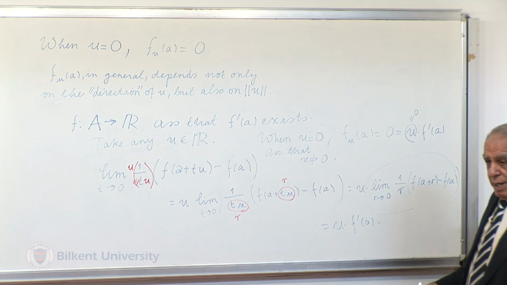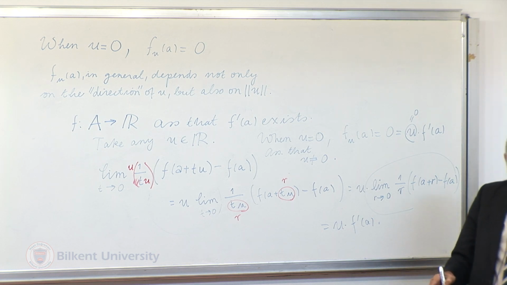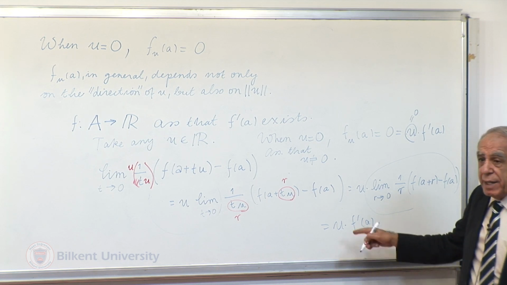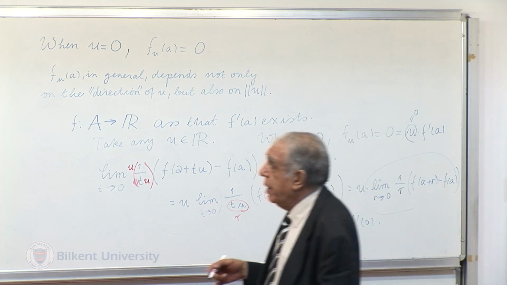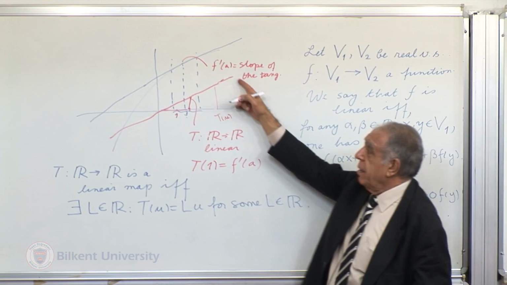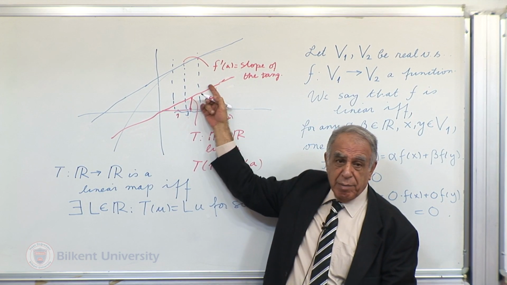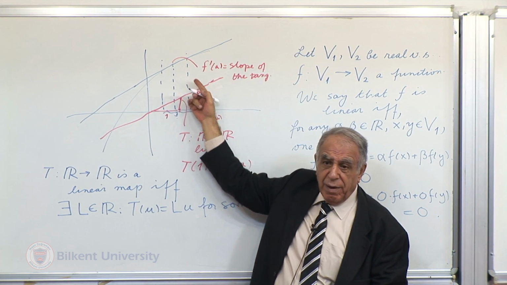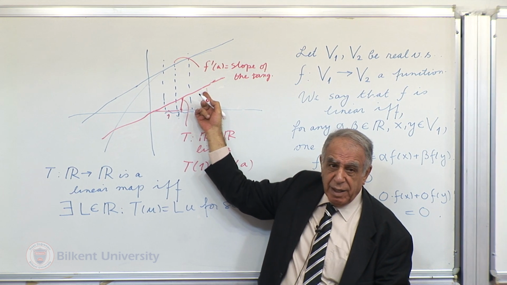But the function which sends each u to f prime a times u, well, we decided here, the function whose graph is given by this, to take as the representative of the derivative in here.